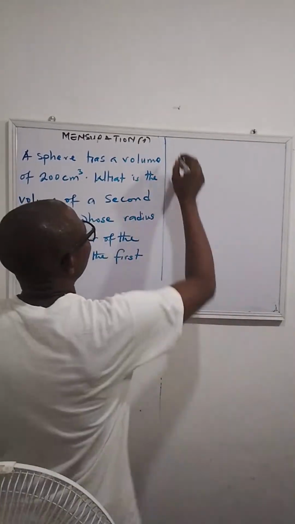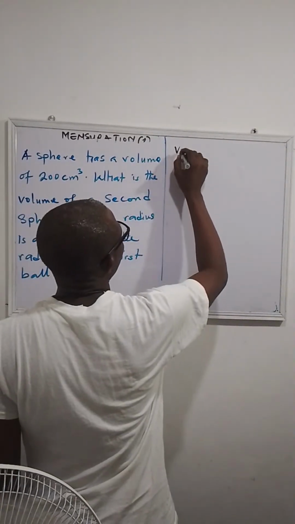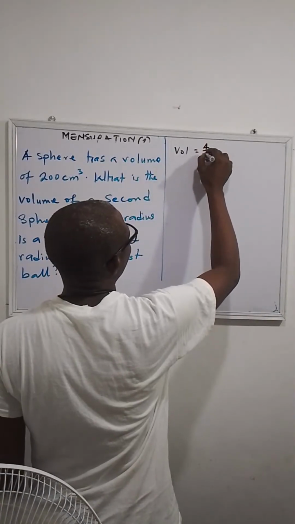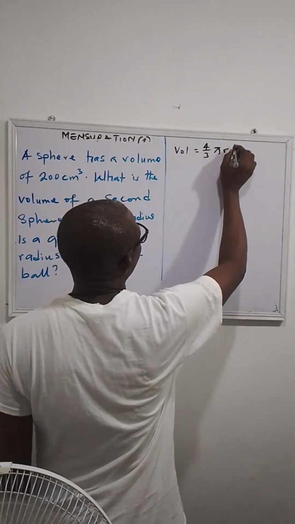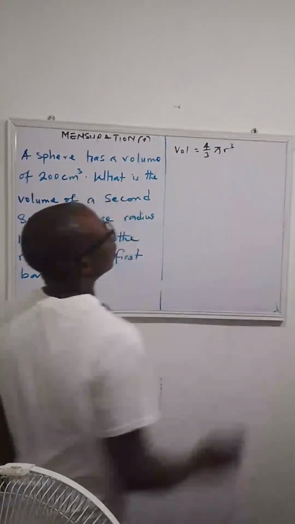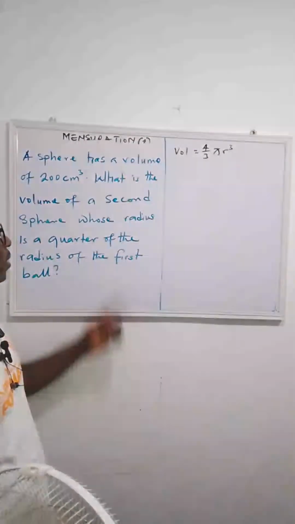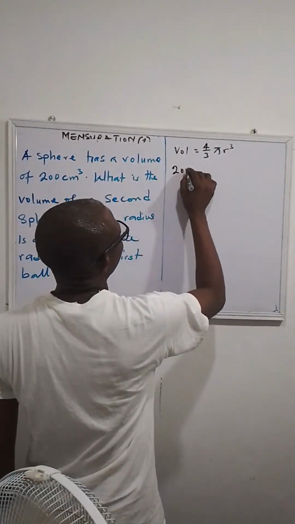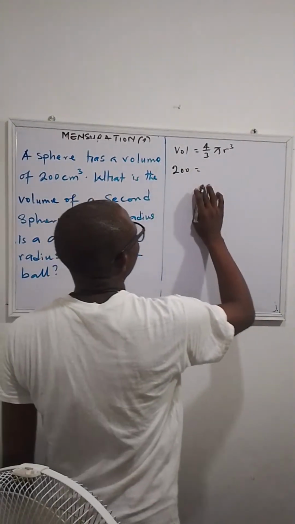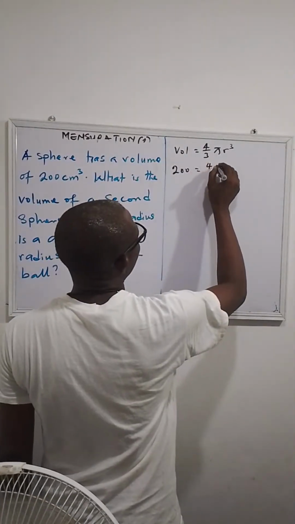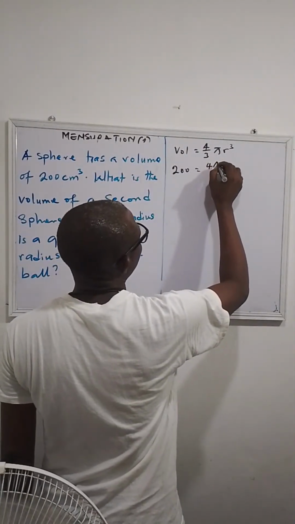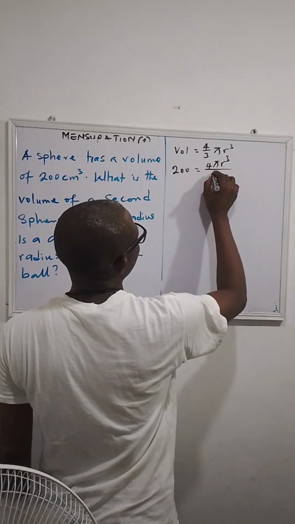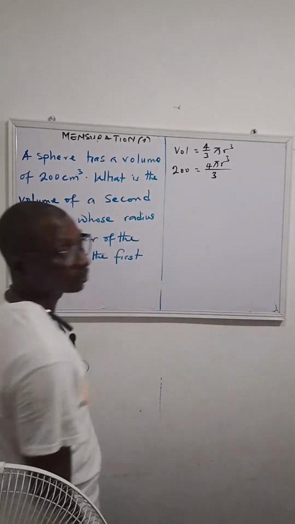The formula for finding the volume of a sphere is 4/3 pi r cube. Here we have been given the volume to be 200. Let's plug in 200. We want to get this r. So we have 4 pi r cube over 3.